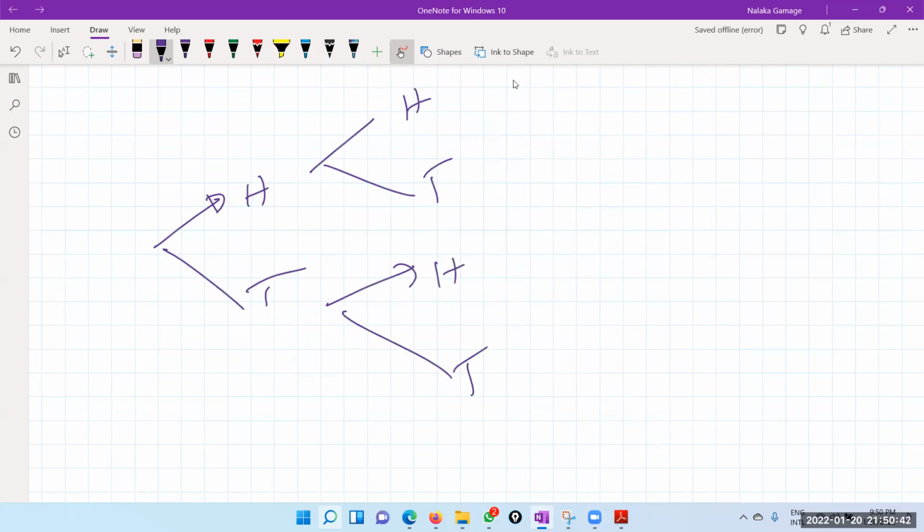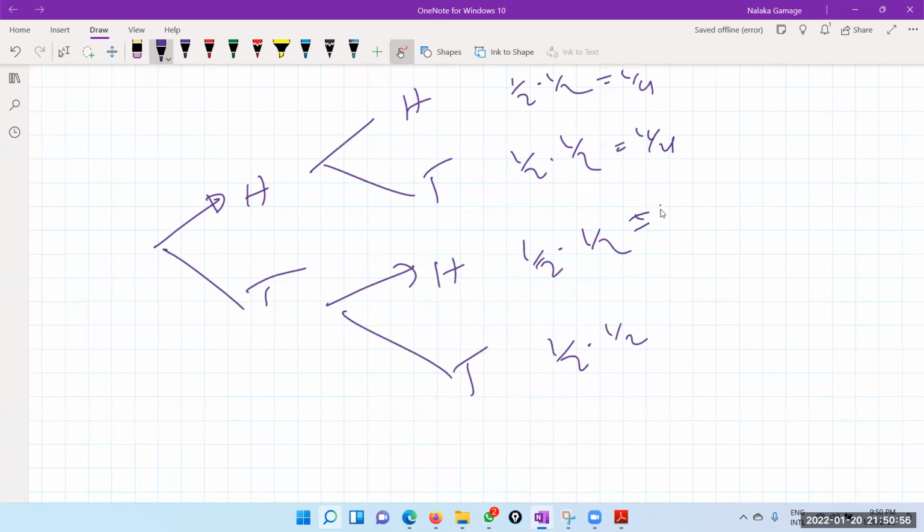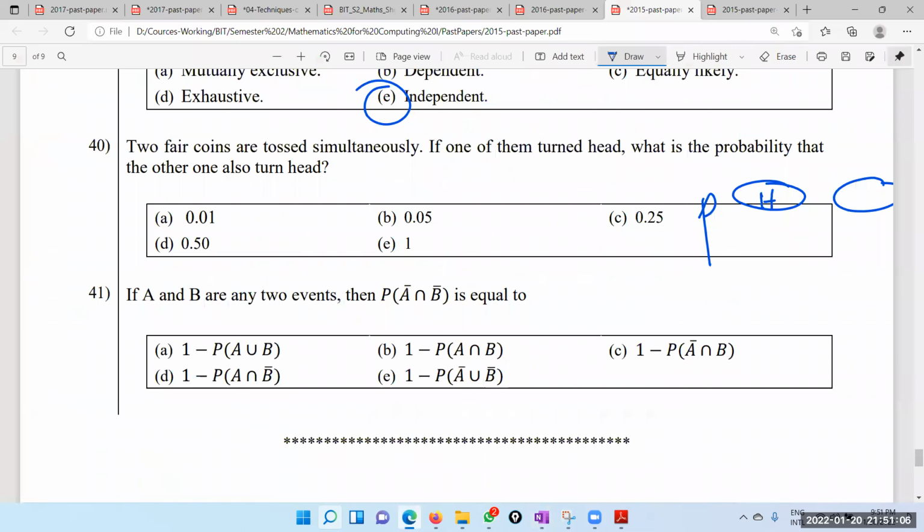So this is half into half. Okkoma half into half. And those are independent. That is 1/4, 1/4, 1/4, 1/4. If one of them turns head, what is the probability that the other one is also head?